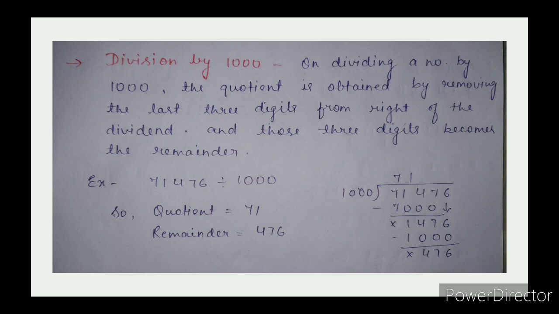After dividing, we can see 71 becomes the quotient and 476 remains as the remainder. So the last three digits of the number are the remainder and the remaining digits are the quotient.